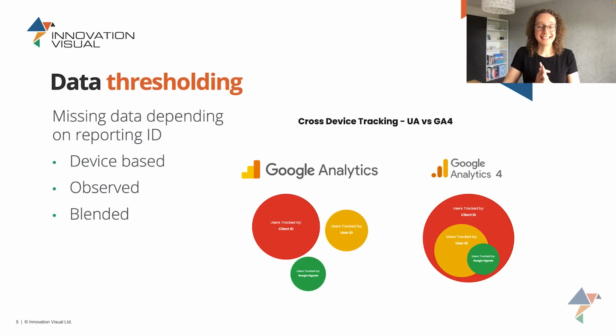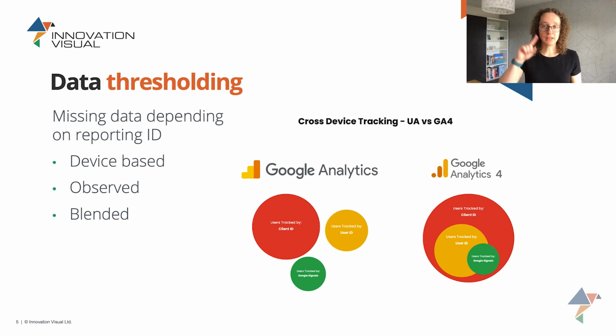Right, this is getting a bit technical, but it is very important when you're analysing your data. There's a lot of issues recently with privacy and GDPR, etc. And so Google have had to change the way they collect their data. This means that in some of your reports, you might see data thresholding.